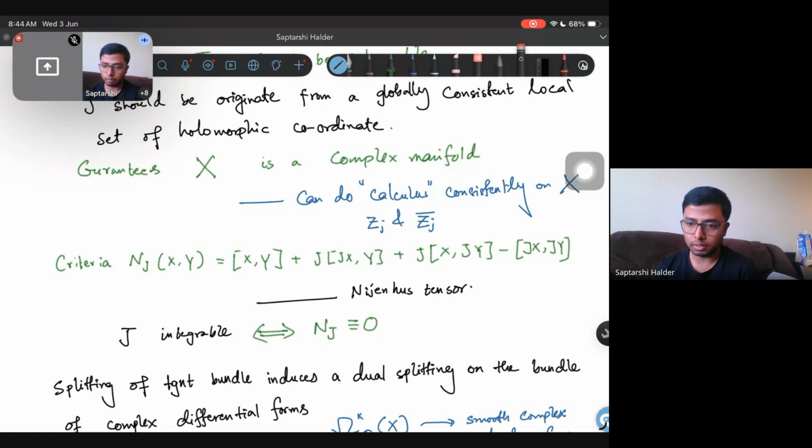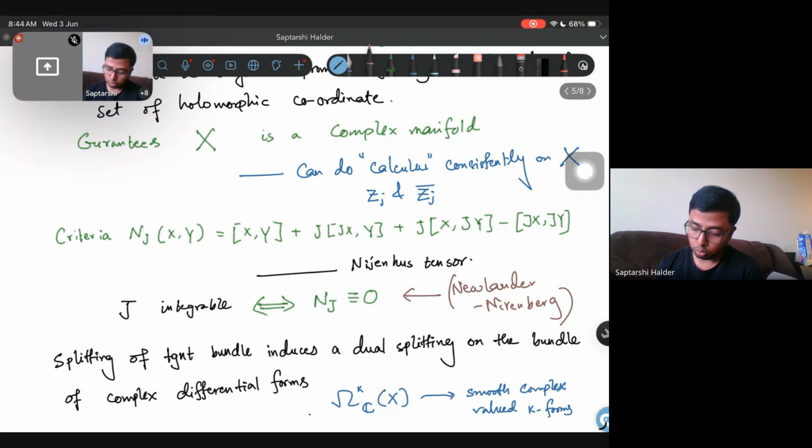It's just a criterion to check these things. It's a popular theorem due to Newlander and Nirenberg.